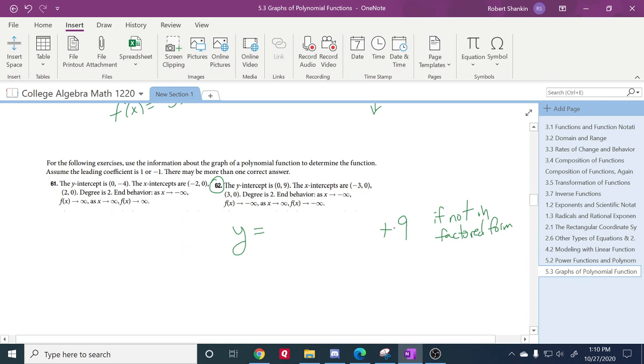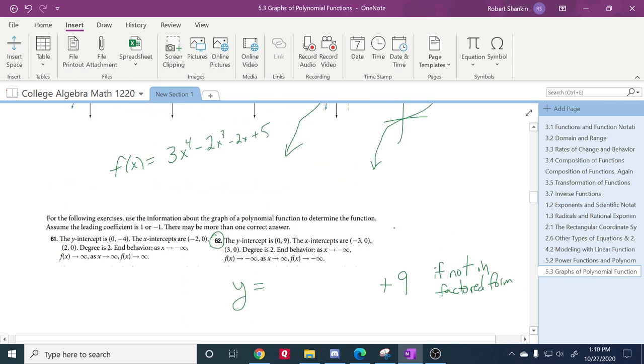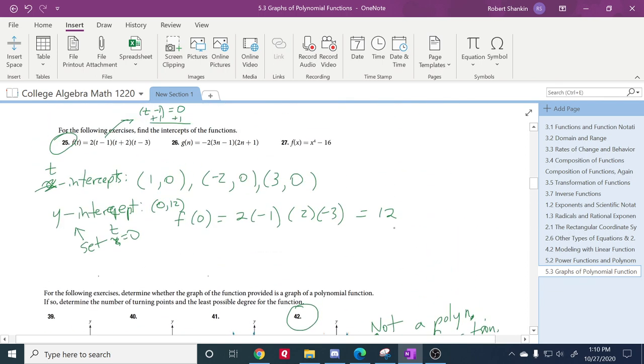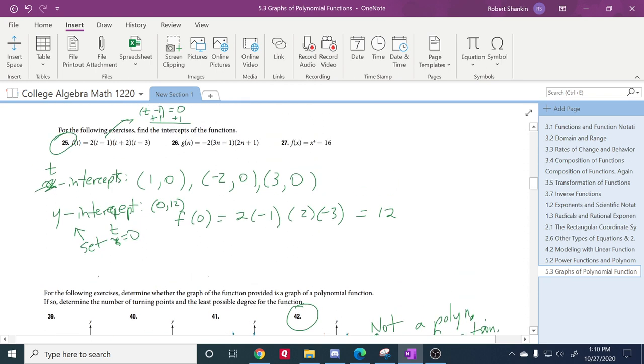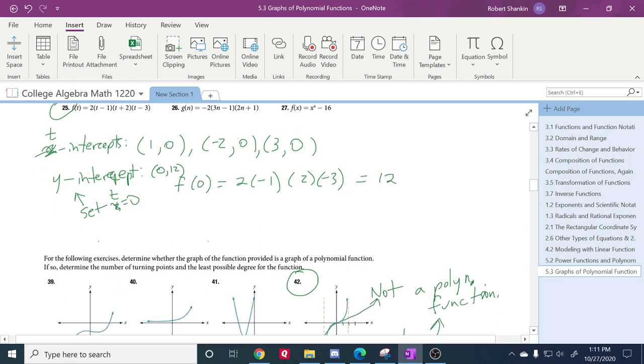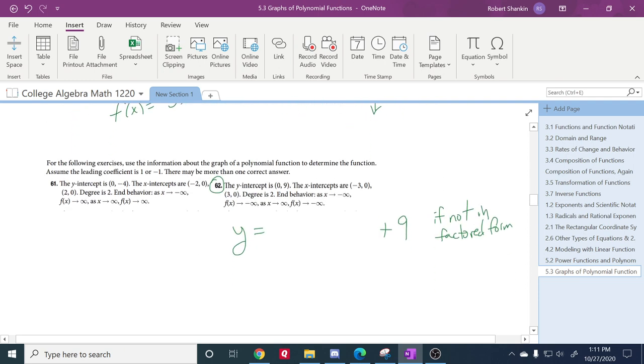But if it's in factored form, then it would look a bit more like this other one that we were doing when we found the y-intercept of this one. You have to plug in the 0, and then these would have to all multiply out to be 9. Then the x-intercepts, now it's going to be actually not in factored form.